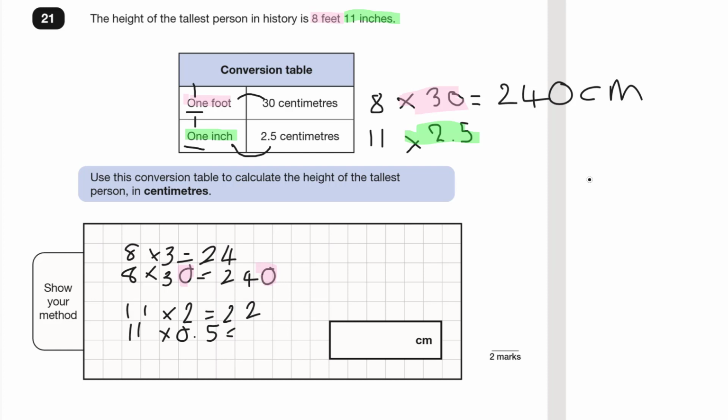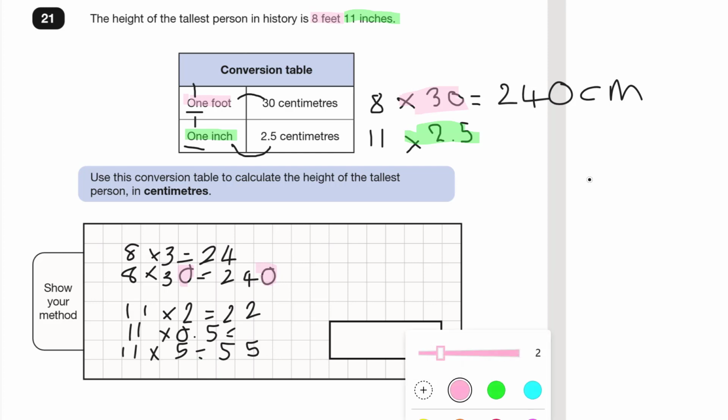And 11 times a half, you could think of it as 11 times 5, which is 55, and 0.5 is 10 times smaller than 5, so my answer is 5.5.